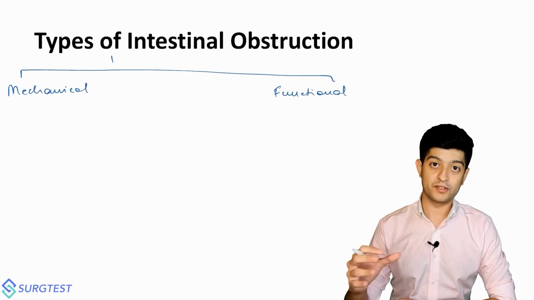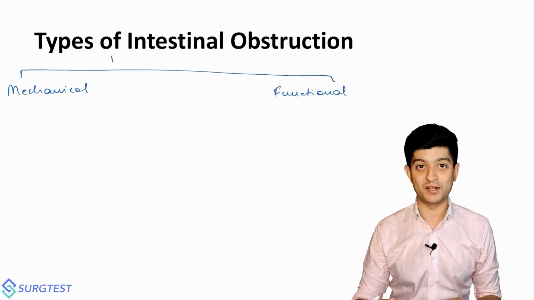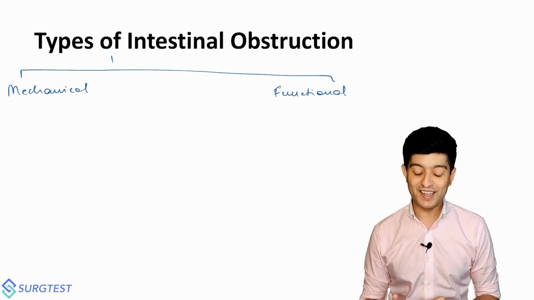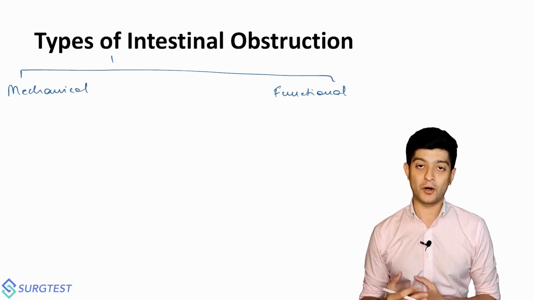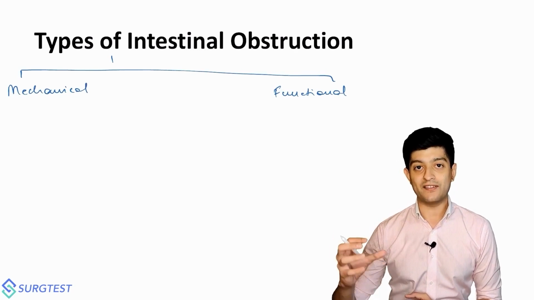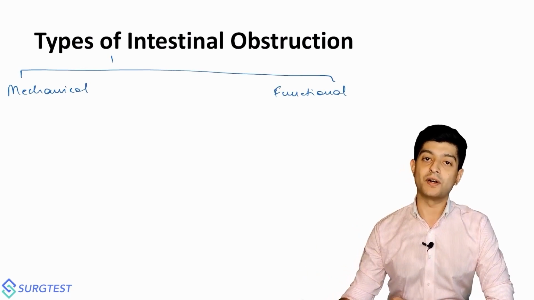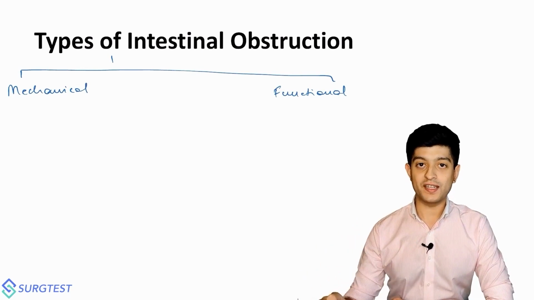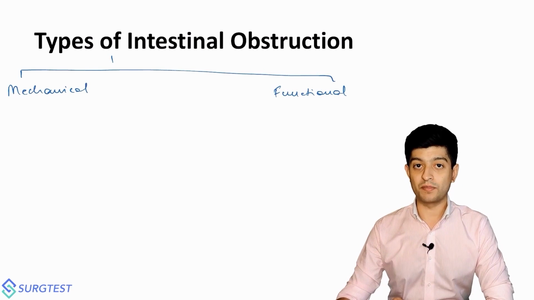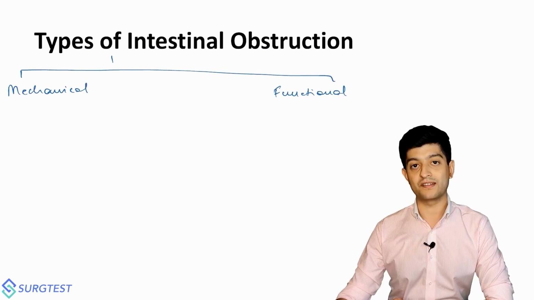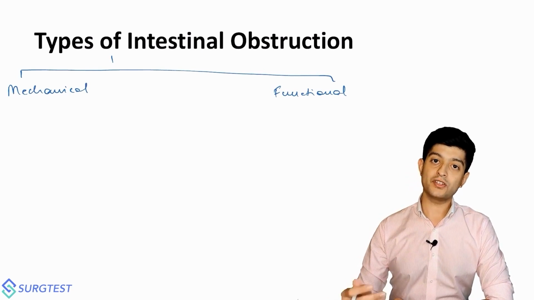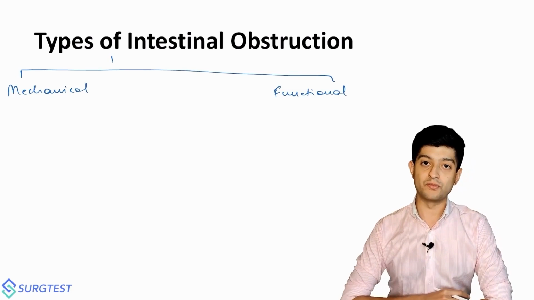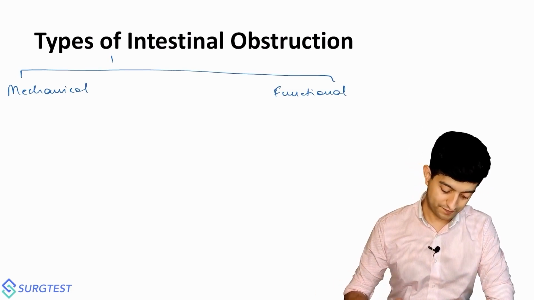It's essentially a long pipe with a block somewhere in the middle, to make it very easy. But when you're dealing with a functional obstruction, you don't have any physical impediment, but the function of the intestinal smooth muscle has been compromised for several reasons we're going to be discussing soon, as a result of which the luminal contents are not able to move from proximal to distal.